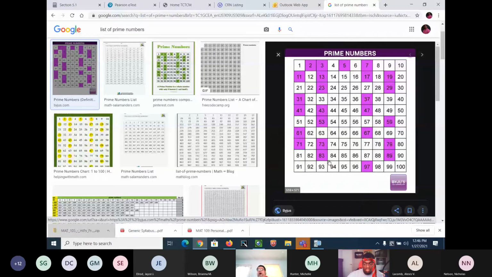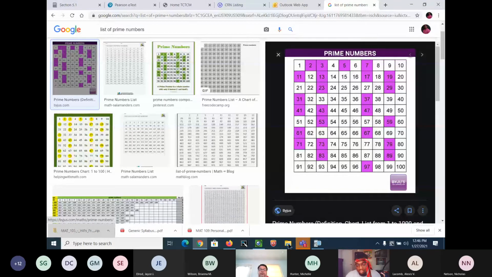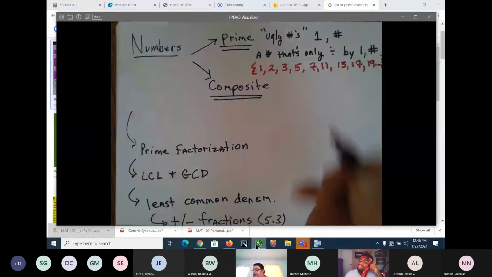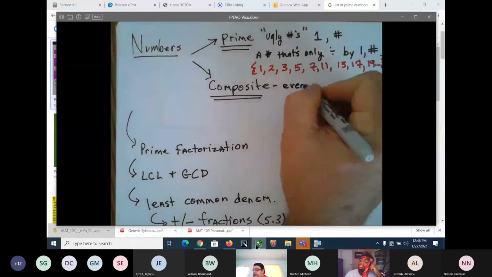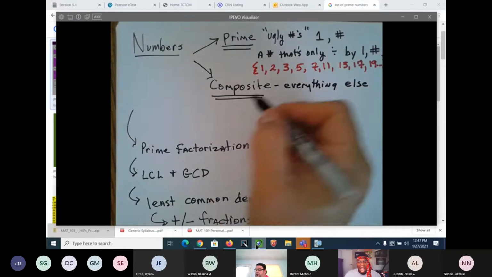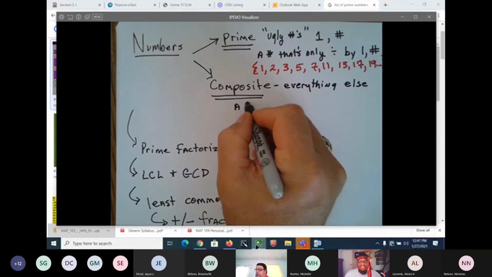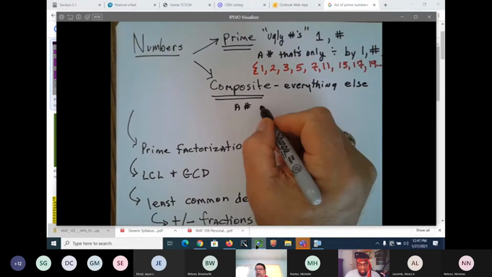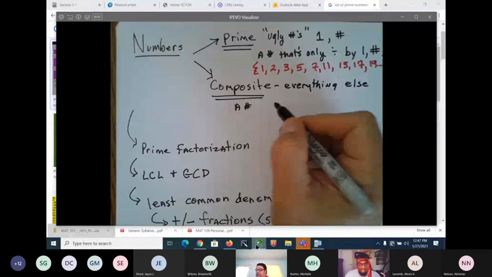Now, what is a composite number? Everything else. So all you got to write down for a composite number is numbers, everything else. Because a composite number is a number that's divisible by other numbers.